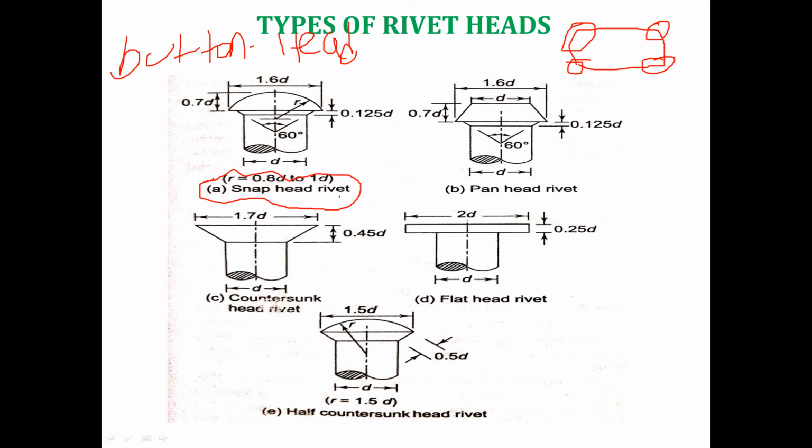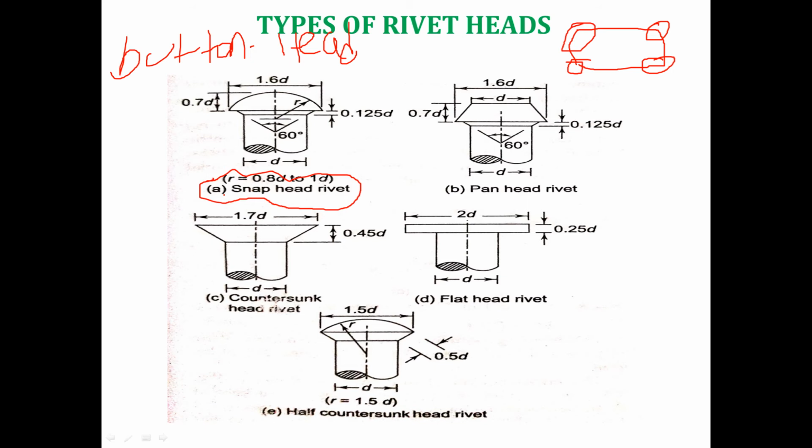Clear, sir. Fine. Okay. So from the book you can refer to the theory part, that is what is snap head. See, if you change the cross section of the rivet head, then the type of rivet head will change. If you see the pan head rivet, what is the cross section of the rivet head? It is trapezium in shape.